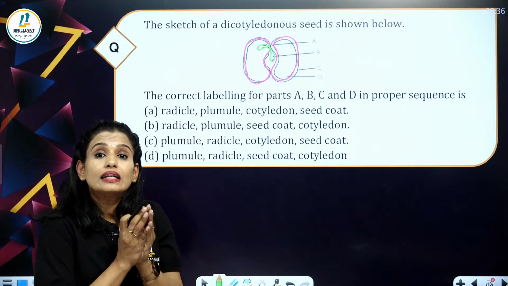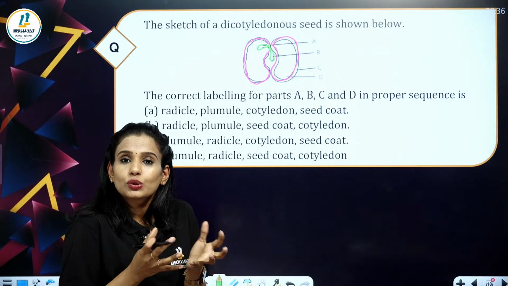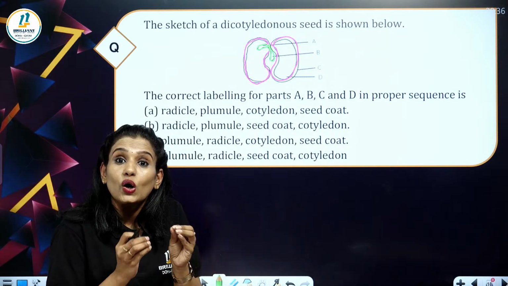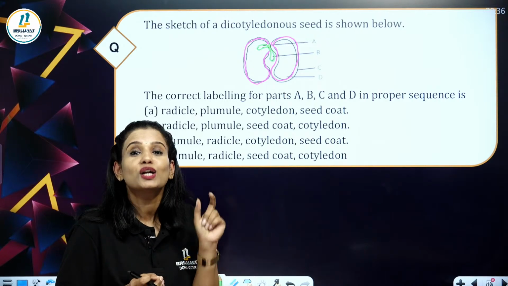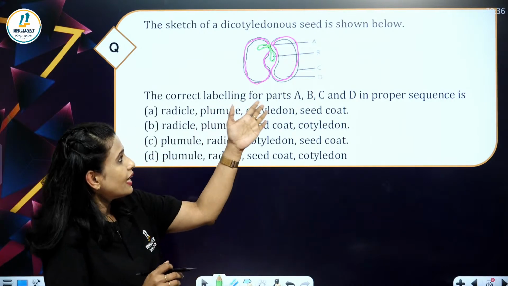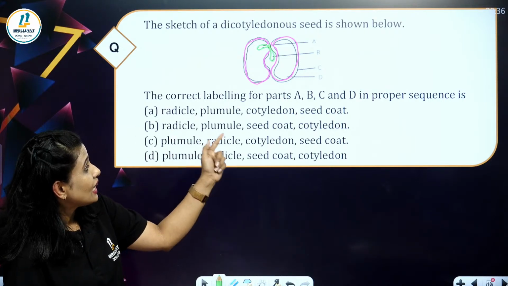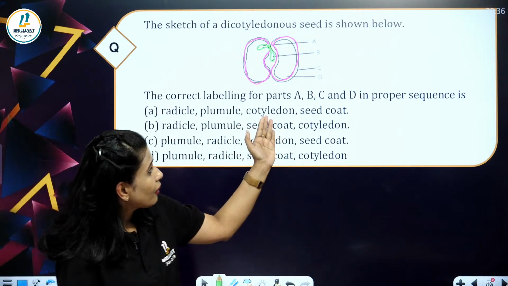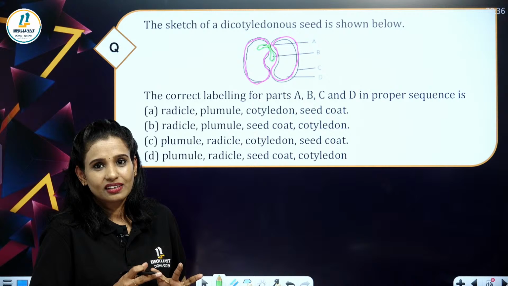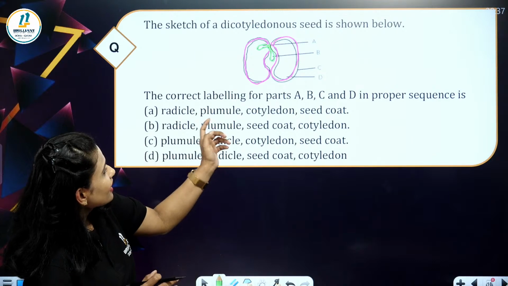You know there are two types of seeds: those with two cotyledons are called dicotyledonous seeds, and those with a single cotyledon are called monocotyledonous seeds. So here it is a dicotyledonous seed. Now what you have to find out is the correct labeling for parts A, B, C and D in proper sequence.